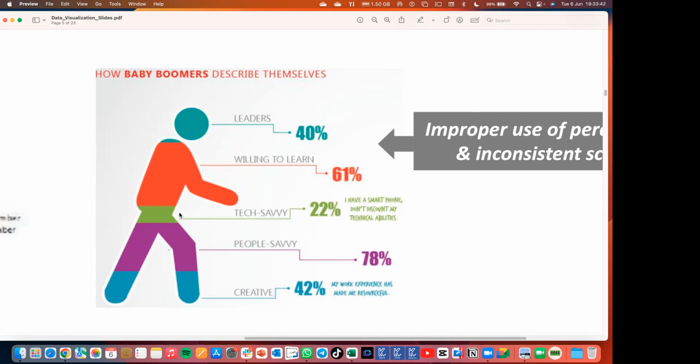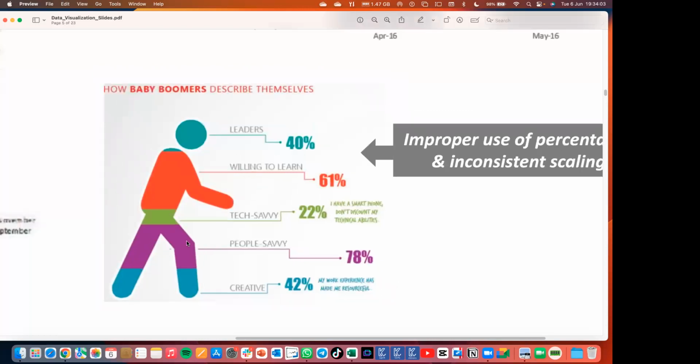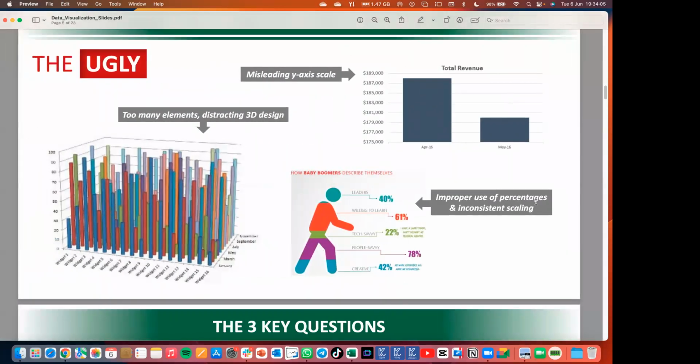It is 22%, it is in green, but 61 is in red. So even if I was looking for the best characteristics for this person, I would choose green first, but green is the worst. Then there is this in purple, which was meant to be green, which is people savvy. So that is improper use of percentages and inconsistent scaling.